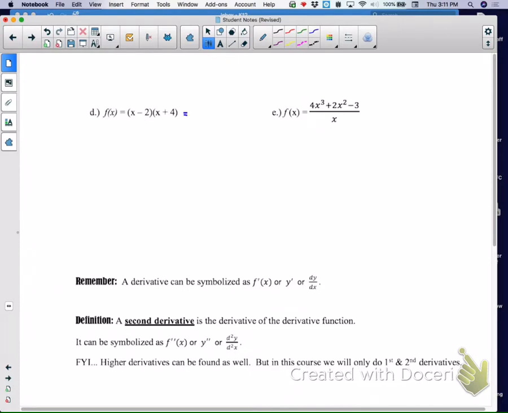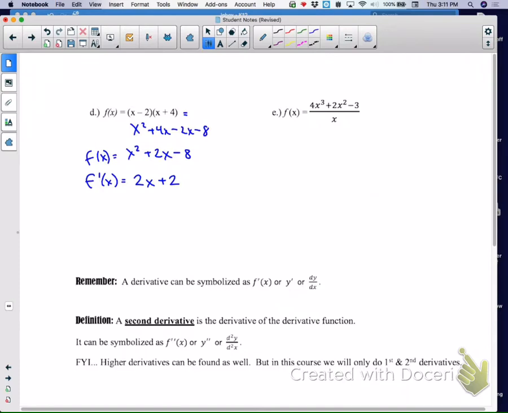That's going to be the same thing as x squared plus 4x minus 2x minus 8, which would be x squared plus 2x minus 8. Now that I can do a derivative of. So f prime of x would be 2x plus 2. Again, I don't need to put the 0 in there because we would just get rid of that anyways.